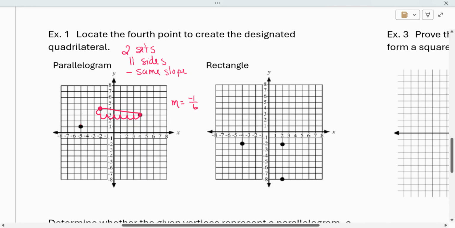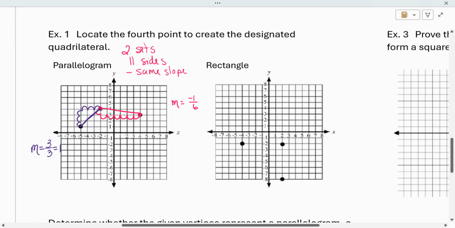I also need to calculate the slope of this line segment. So let's see, I go up 1, 2, 3 over 1, 2, 3. So the slope of the purple segment is 3 over 3, which actually equals 1.